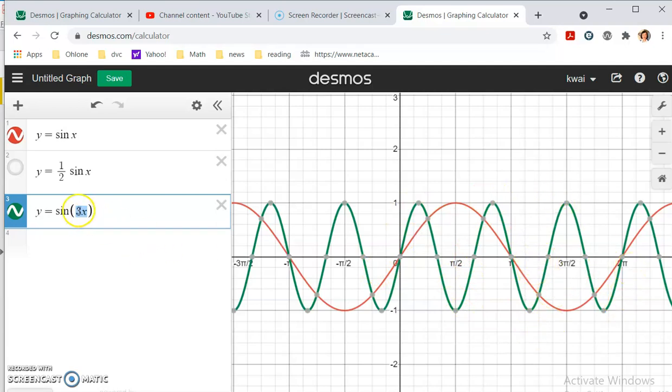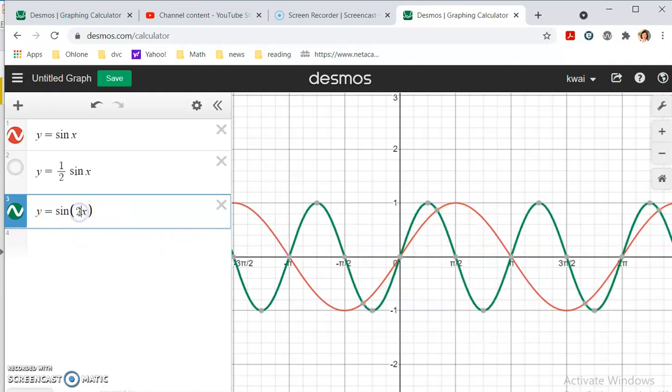So 3 is actually the frequency, the number of cycles in 2 pi, right? 1 cycle, 2 cycles, 3 cycles. Or it changes the period. The period now is 2 pi over 3, right? So the 3 shows up as 2 pi over that number.